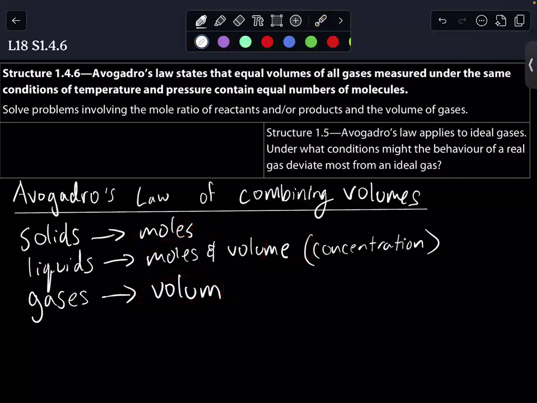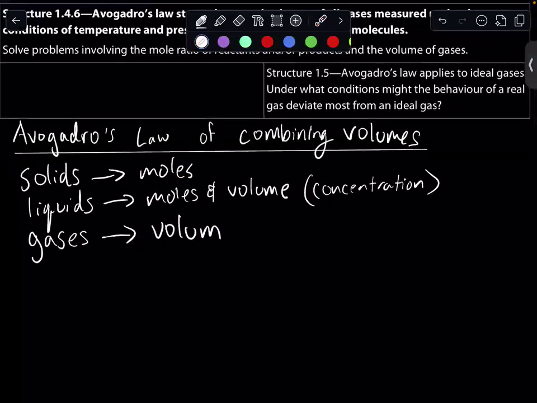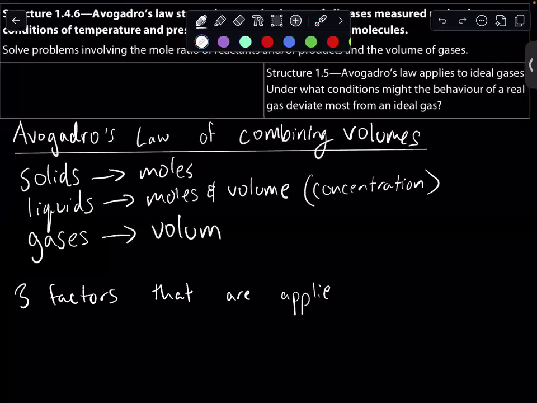Now, how does this actually work? Well, Avogadro, the person who created Avogadro's number or figured out what a mole really is, was the one who actually discovered that we can compare gases specifically if they follow three things. So there are three factors that are applied, or affect, gases in a container.